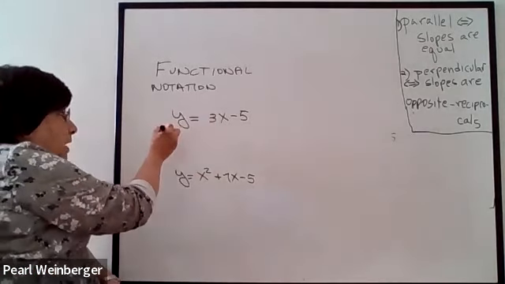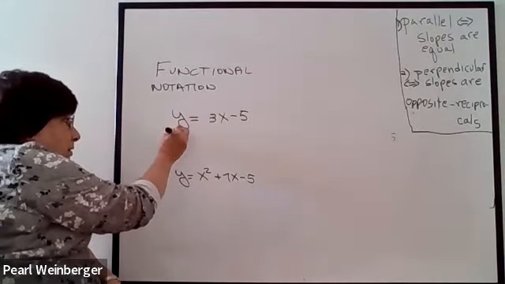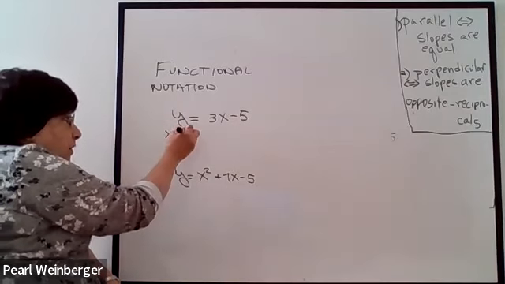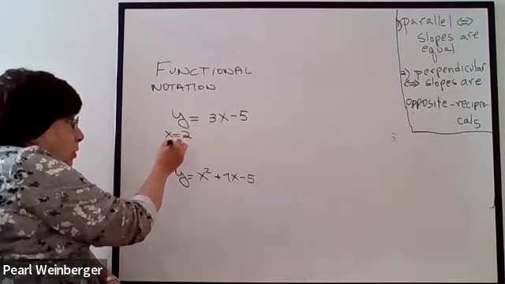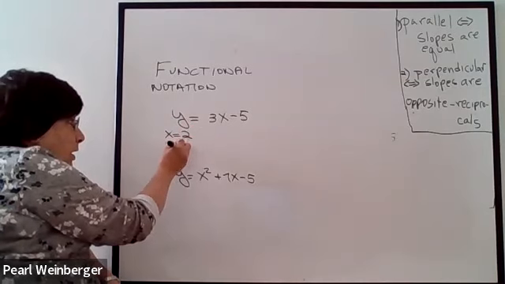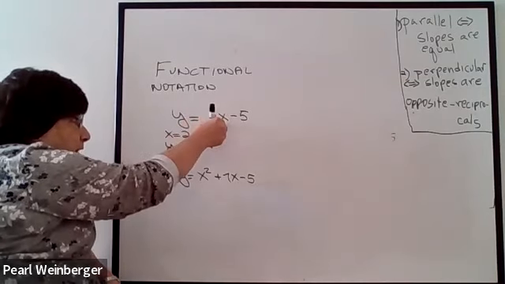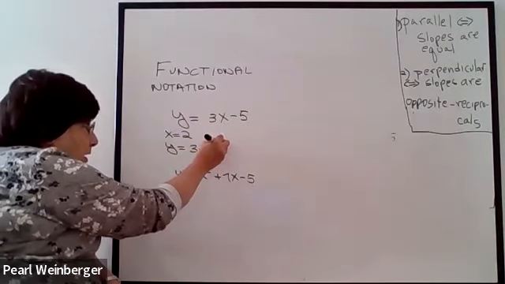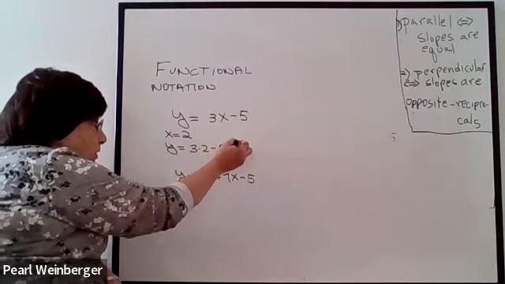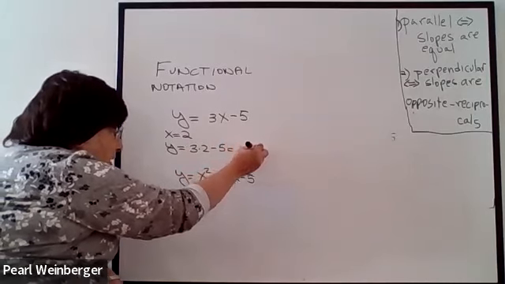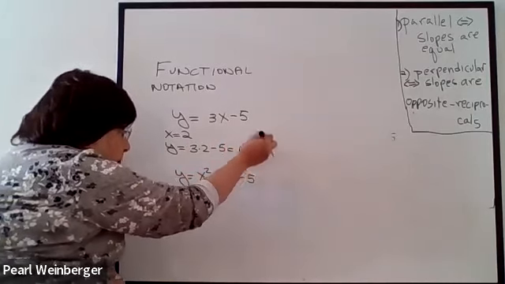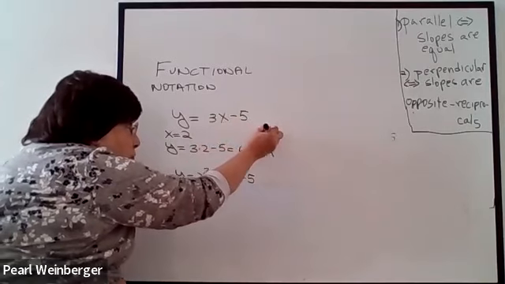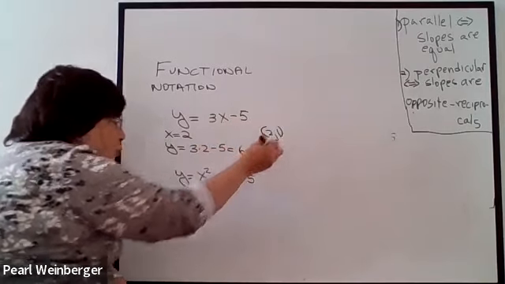For example, in this first equation, if I tell you x equals 2, you replace the x with 2: 3 times 2 minus 5, which works out to be 6 minus 5, or 1. When the x is 2, the y would have to be 1.